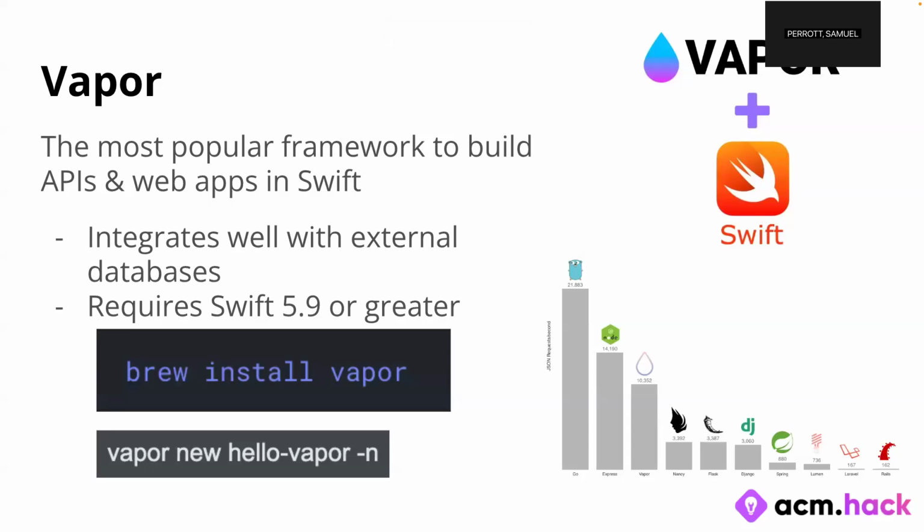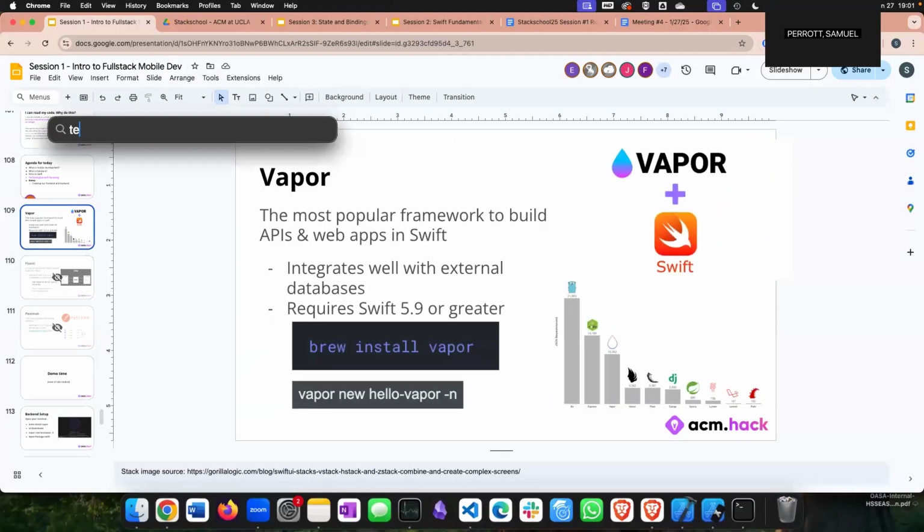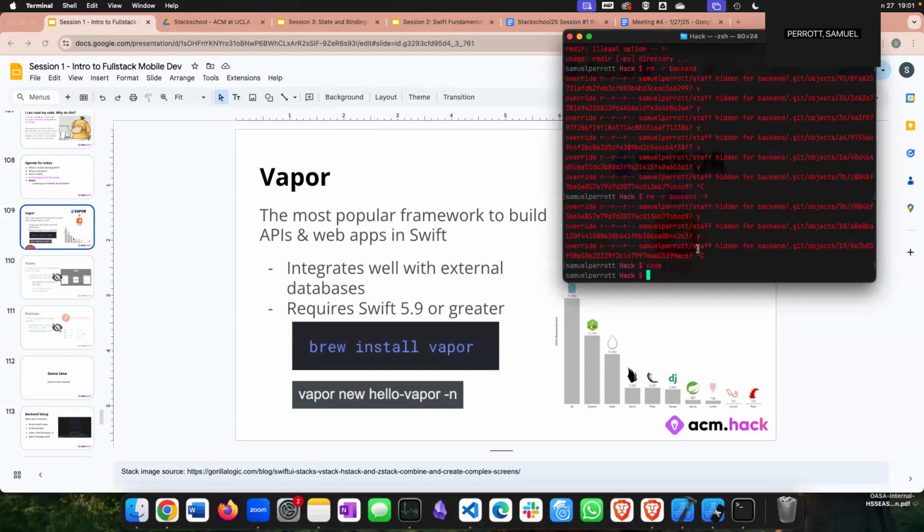I just explained to you the entire Swift programming language, minus a few parts. And now I want to explain to you this cool framework called Vapor, which is a framework to build servers. So go ahead and type brew install Vapor into your terminal to get this started while I explain what Vapor is.